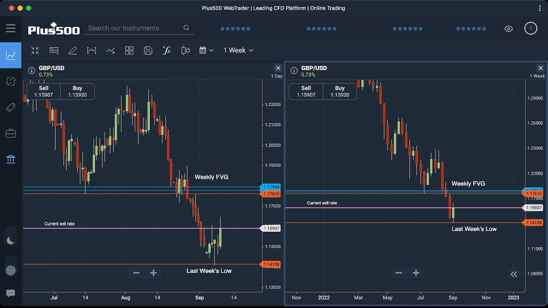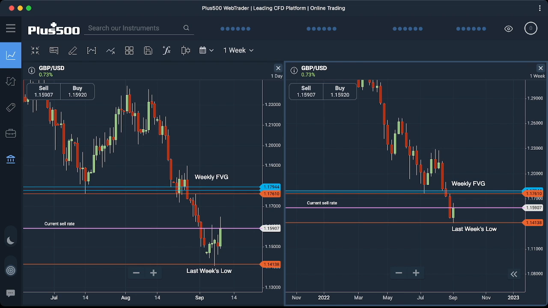So I would like to emphasize these important levels which I'm highlighting. So consider this when you are trading for this week, and you can enter into the trade based on the levels we are reaching.